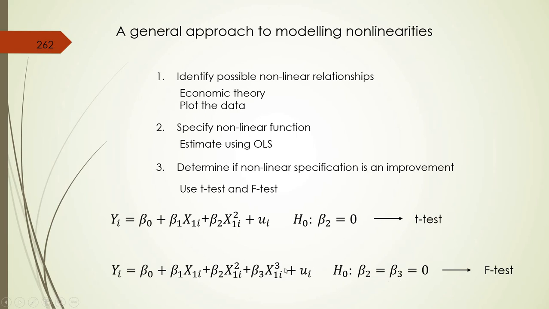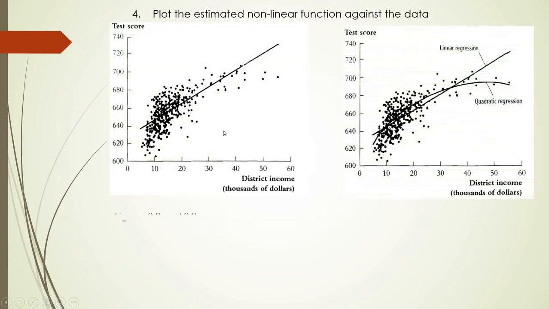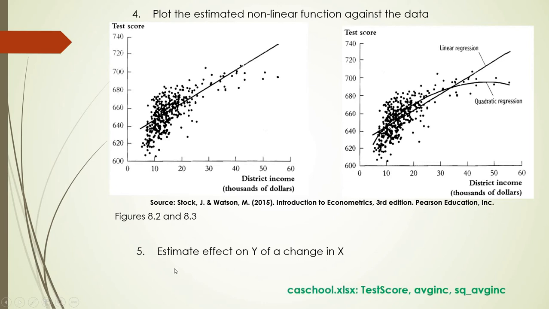If it is statistically significant, then we will keep it. Then we can plot the estimated nonlinear function against the data, and we will estimate the effect on y of a change in x.